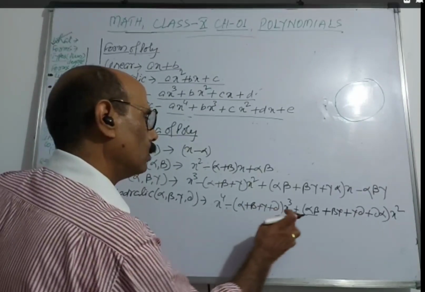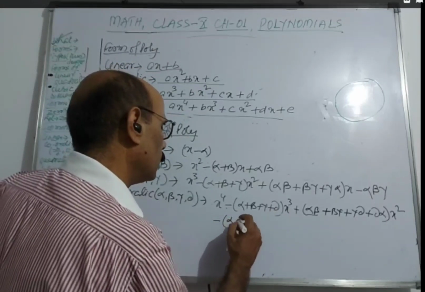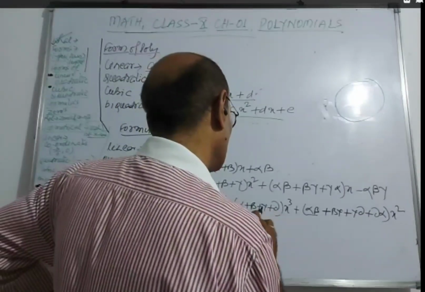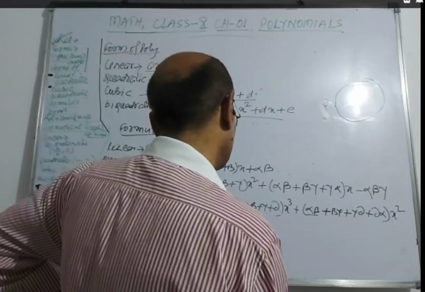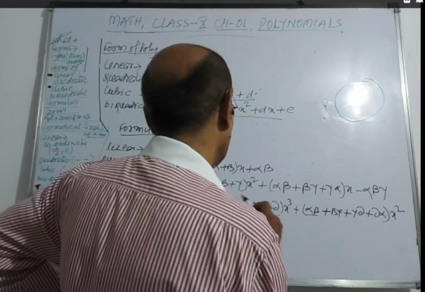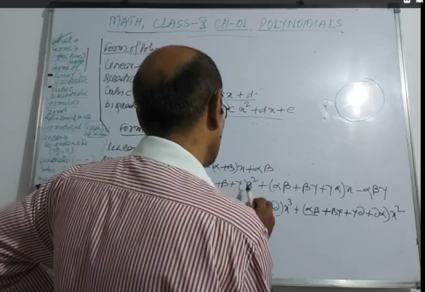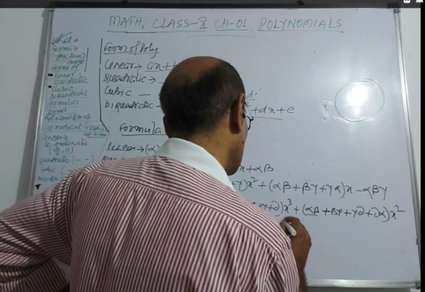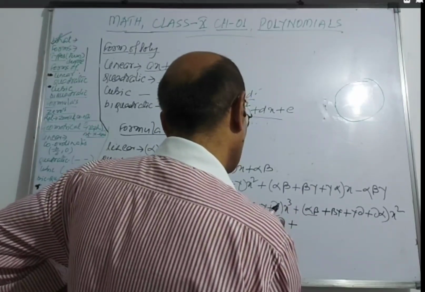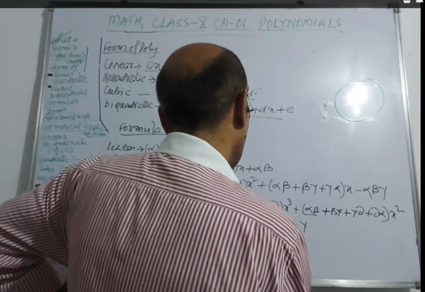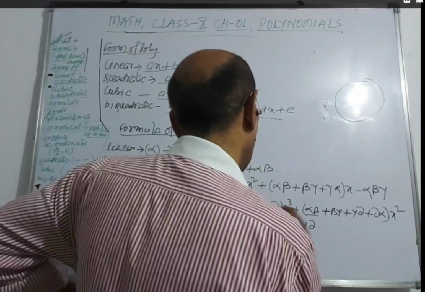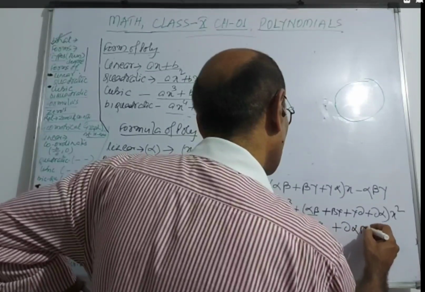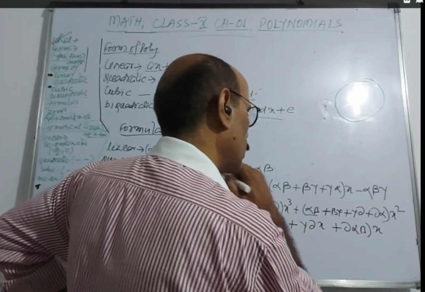Here it was plus, then again minus will come: alpha, beta, gamma, next beta, gamma, delta, then gamma, delta, alpha, and again delta, alpha, beta, times x.